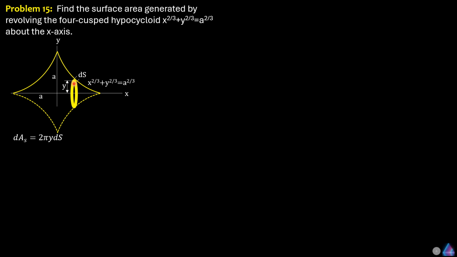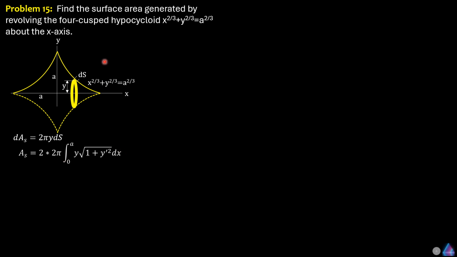Let's make x the variable, and the limits would be from 0 to a. So area S therefore is 2 times 2 pi integral of y times the square root of 1 plus y prime squared dx.